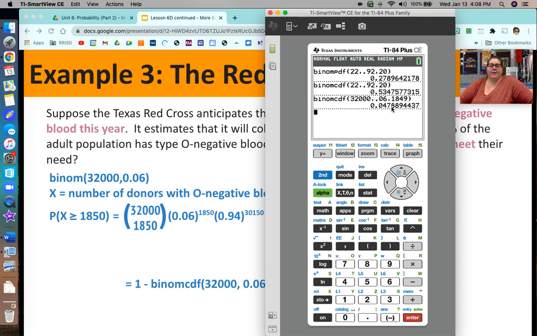Do you see how my calculator took a minute to think about that? Because these are big numbers. But 0.0479 would be the probability that they get 1,849 or less. So the probability that they get 1,850 or more would be everything else. So I'm going to do 1 minus that probability to get my probability of 1,850 or more.